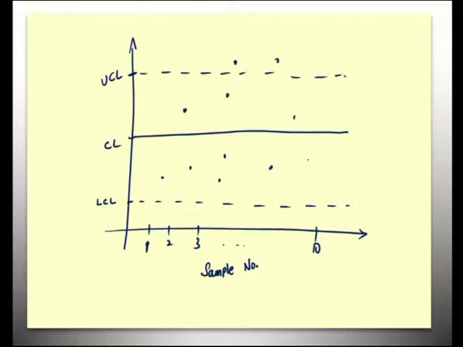Sample values are plotted in the graph sheet like this. UCL and LCL are drawn with dotted lines, and if any point goes outside the LCL or the UCL, it will be called out of control. These limits are 3 sigma.